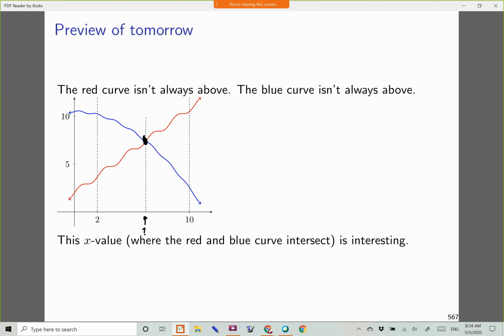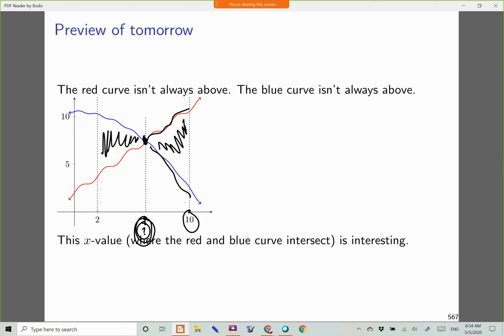If you find that x value, then for this region here you set up an integral of x going from 2 to this number of the blue curve minus the red curve, versus this other region, where you set up an integral starting at this x value going up to 10 of the red function's formula minus the blue. So that's it in terms of big idea tomorrow.